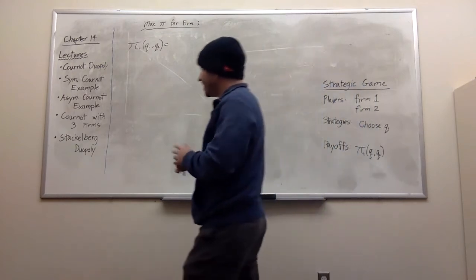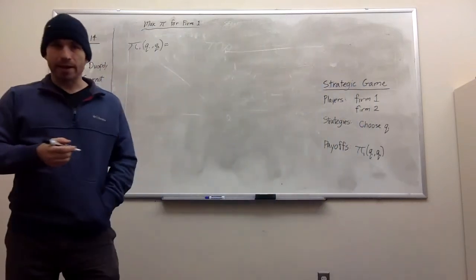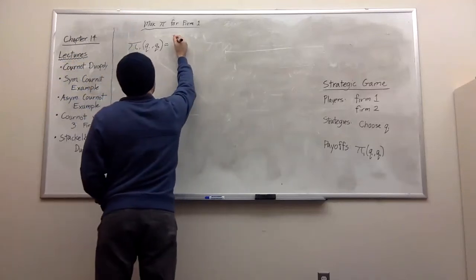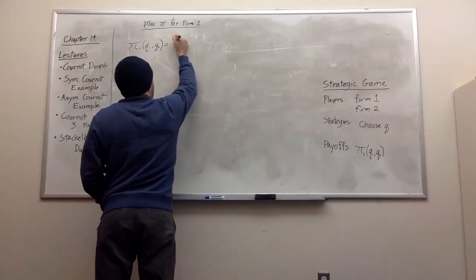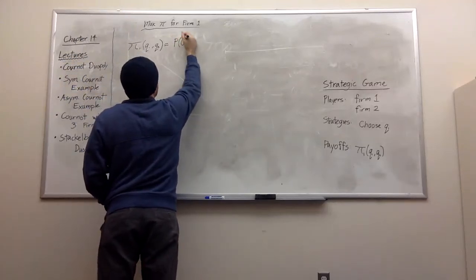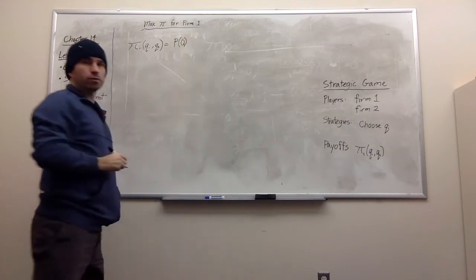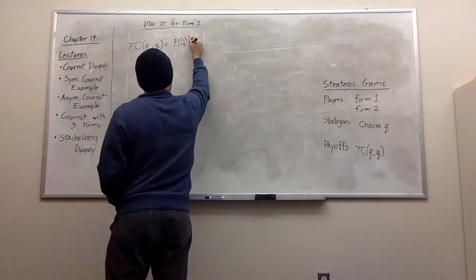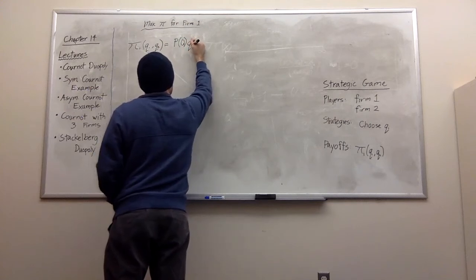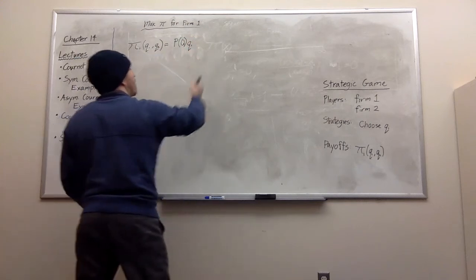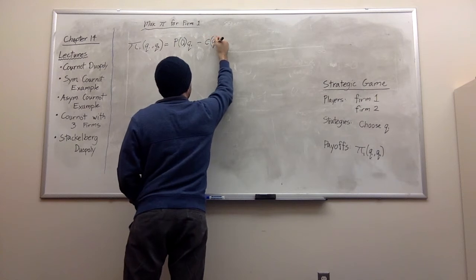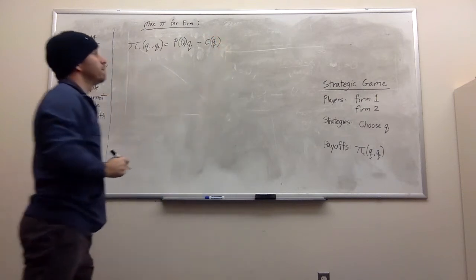Because profit is price times quantity minus total costs. So we're going to have P as a function of total quantity Q, right, times the little q for firm one, minus their total costs dependent upon their own quantity q.